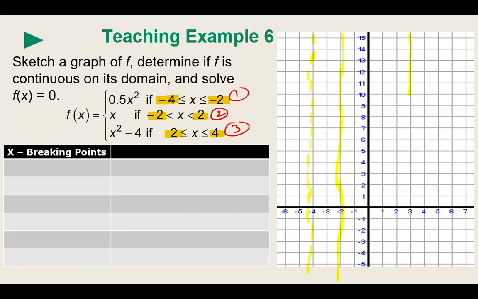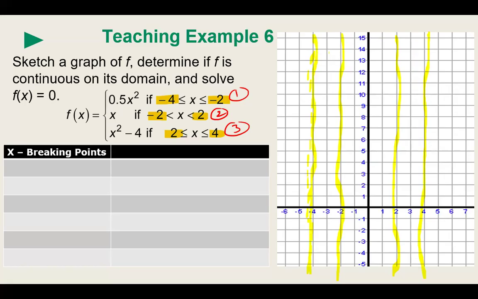I'm at, that is not +2. Oh, got a little wavy there. I swear I'd be thinking my hand is going straight down. All right. So those are my breaking points.